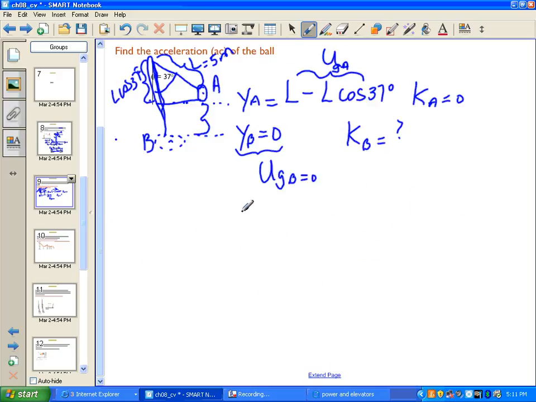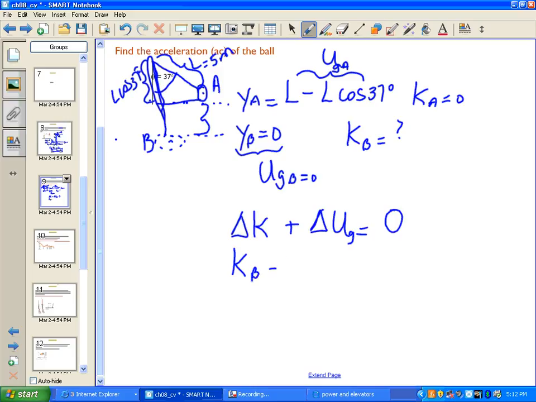There are no non-conservative forces, so we don't have to be concerned about setting the difference between kinetic and potential energy to anything other than 0. No non-conservative forces. And let's put a subscript G here to remind ourselves that we're referring to gravitational potential energy as opposed to spring potential energy.